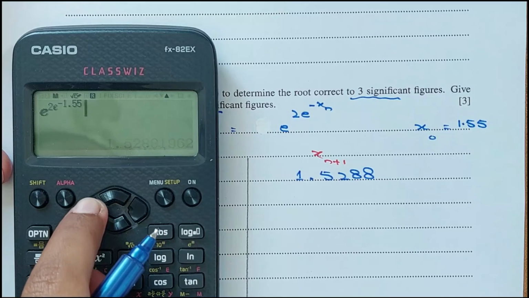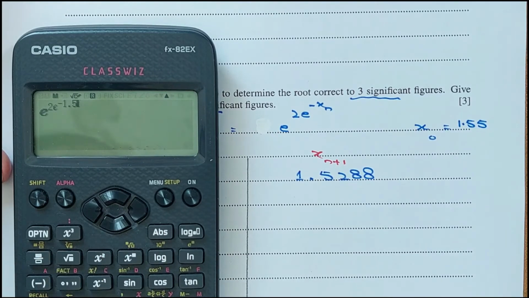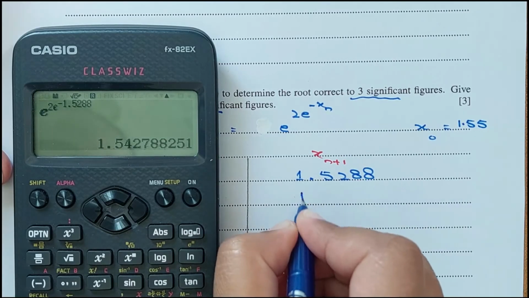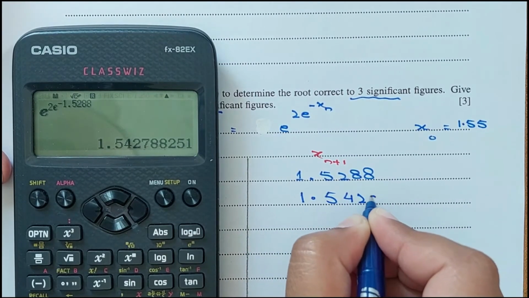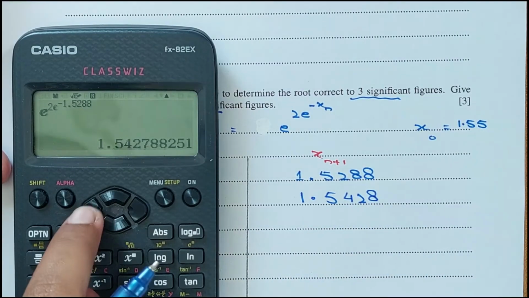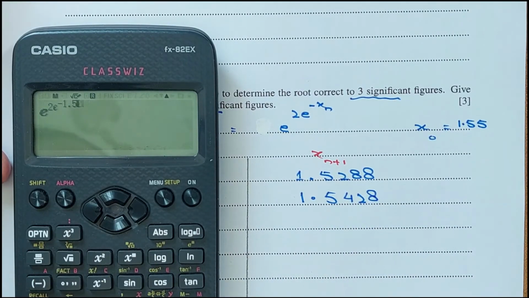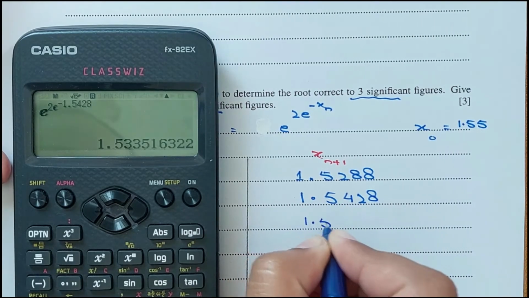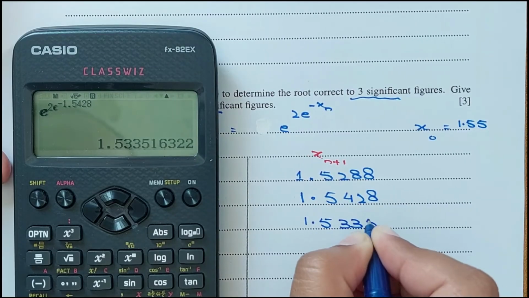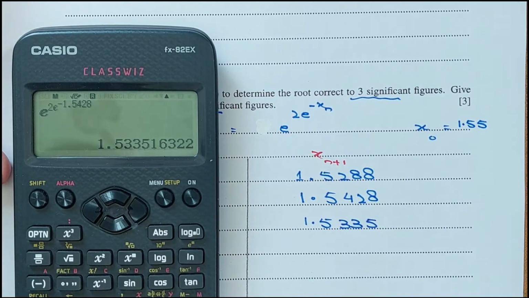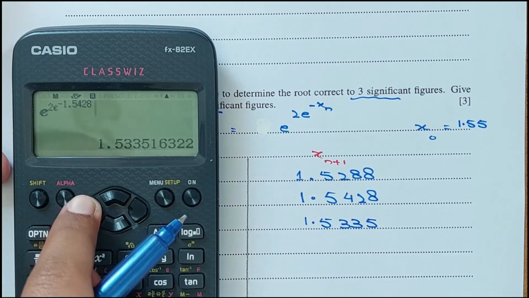Then we have 1.5428, then 1.5335, rounded to 5 significant figures.